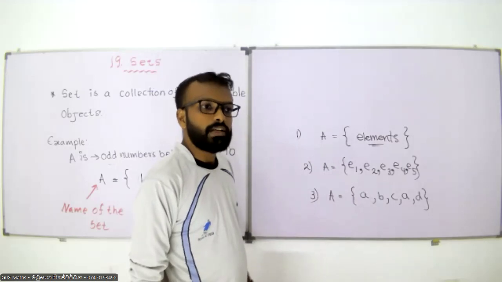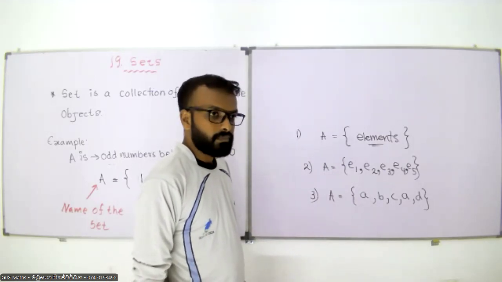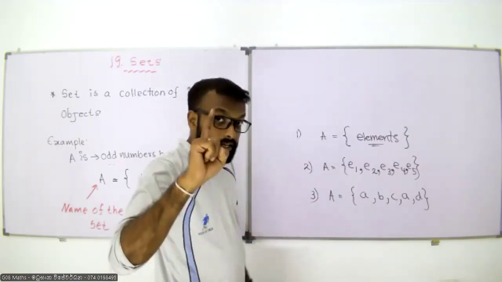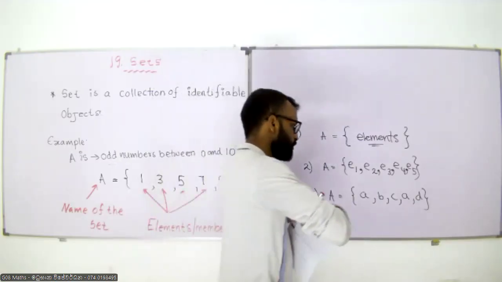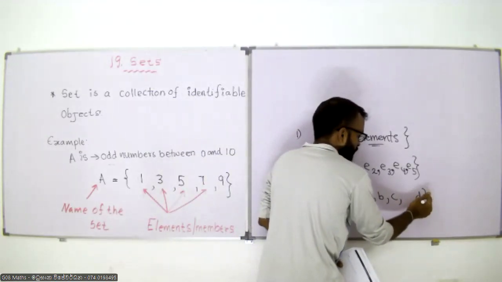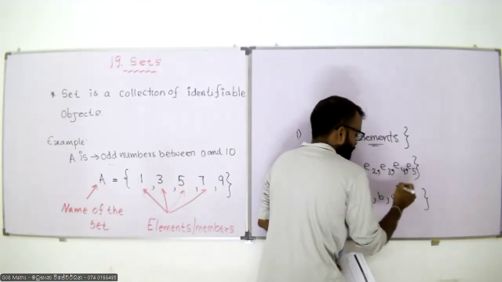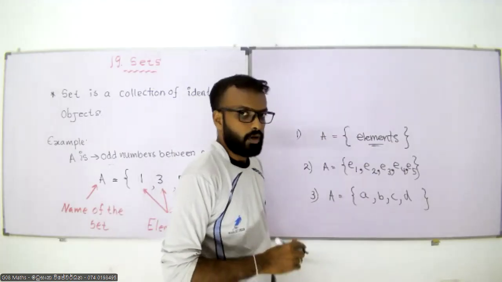Wrong. Why is that? Because element A has been repeated twice. So you need not write A again. The answer will be A, B, C, D. Hope you got this.